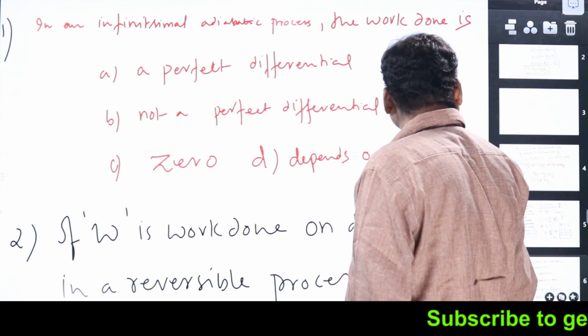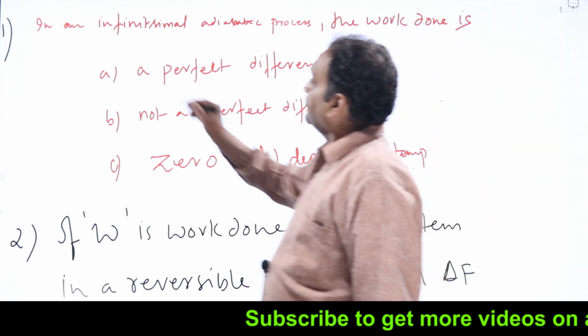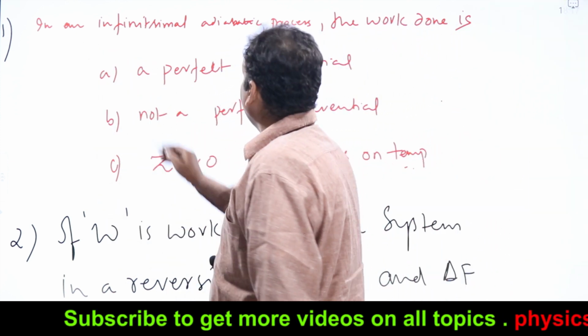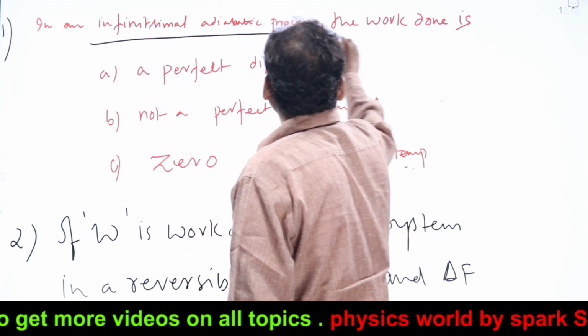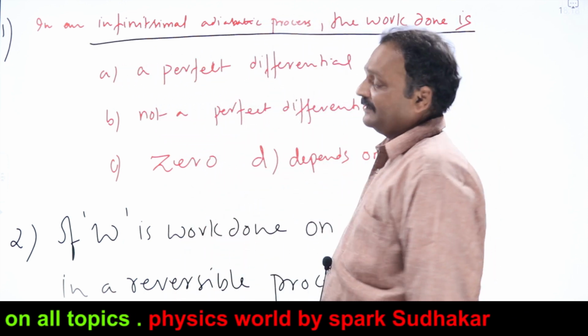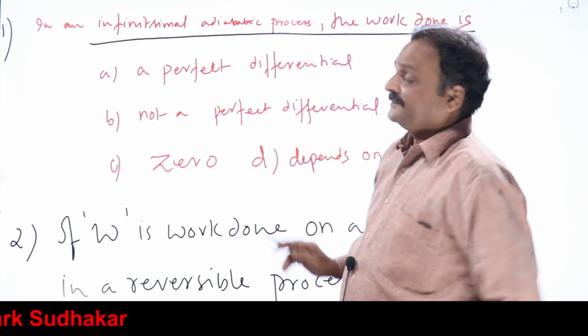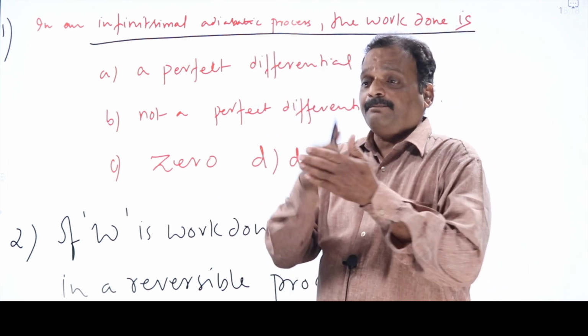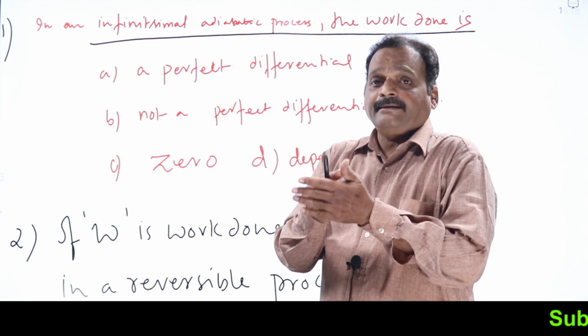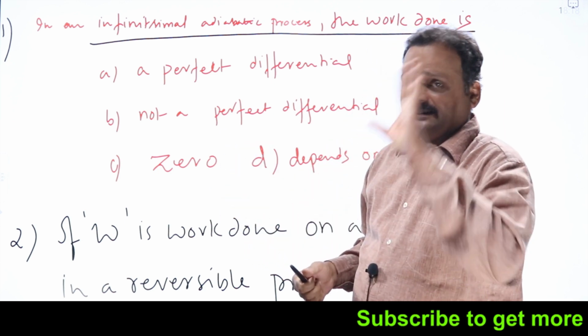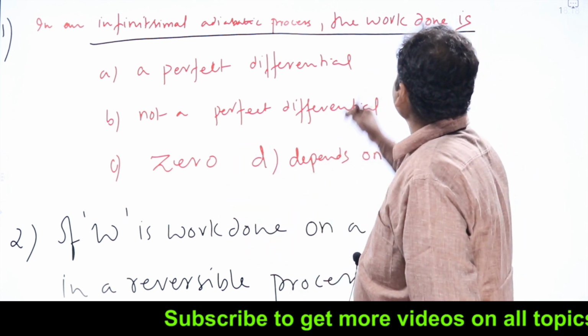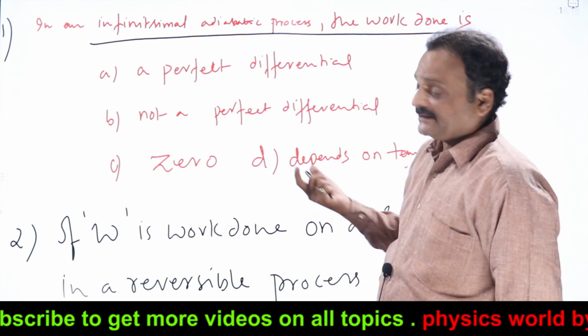Now this one. In an infinitesimal adiabatic process, the work done is, simply a one line statement, that's all. He did not specify whether it is adiabatic compression or adiabatic expansion, simply said a small adiabatic process. What is the work done?